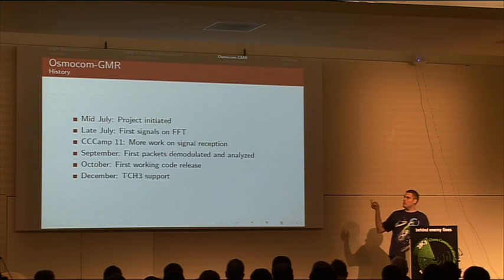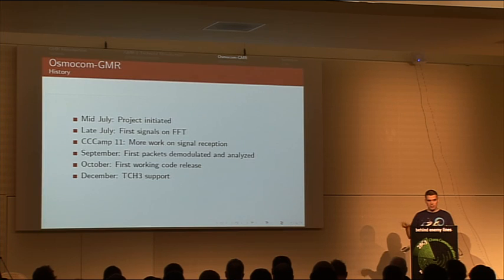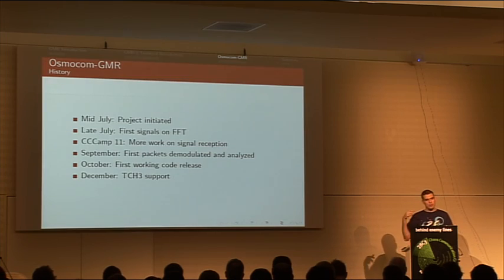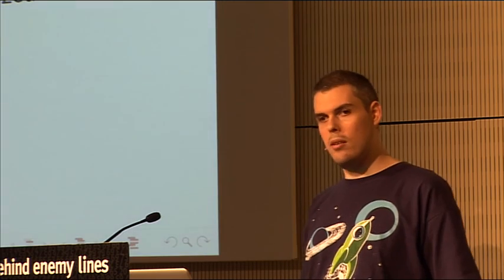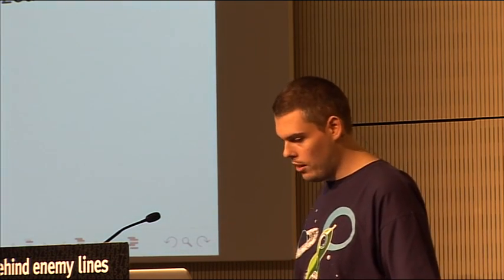And if you remember the slide with the FCCH, the cross pattern on the FFT is very clear. You just can't miss it. The signal reception work was continued at CCC camp. If you went by the radio tent, you should have seen the satellite dish outside.